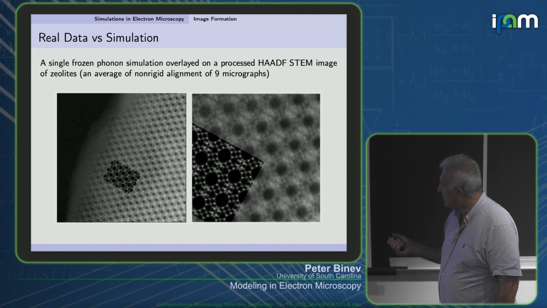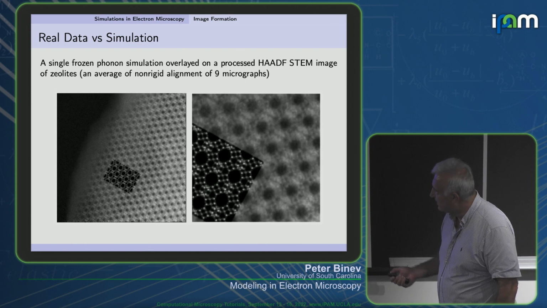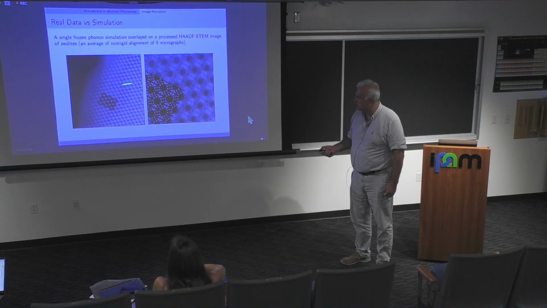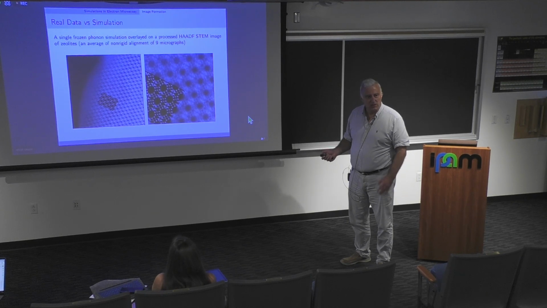This is zeolite, so that is some old paper in which we did some special processing of the micrographs to receive a better image, because it is a very soft material.